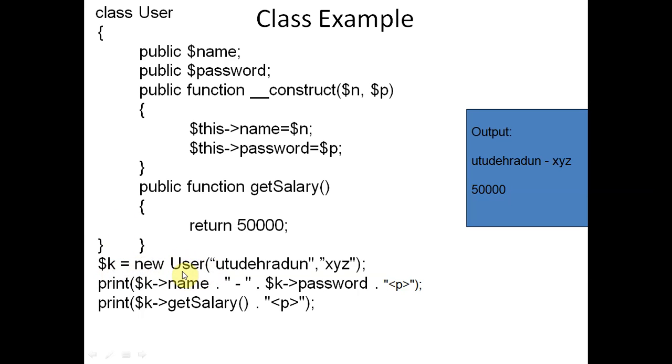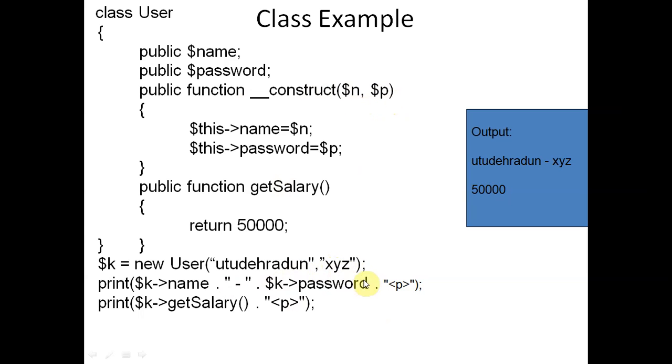And as we define the object of this user class, we will mention two arguments here. It means we are executing the constructor of the user class. So the first argument, 'YouTube', will transfer to $n, and the second argument, xyz, will be transferred to $p.